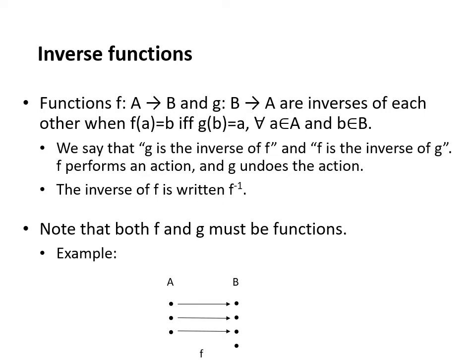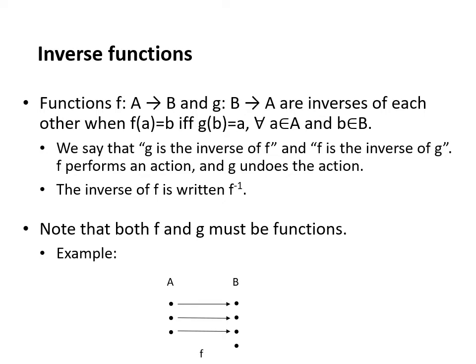So f performs an action and g undoes the action. The inverse of f is also written as f minus 1. Note here that both f and g must be functions.